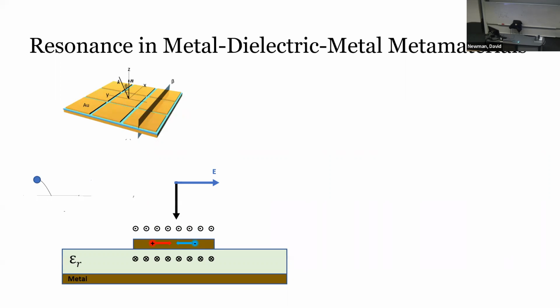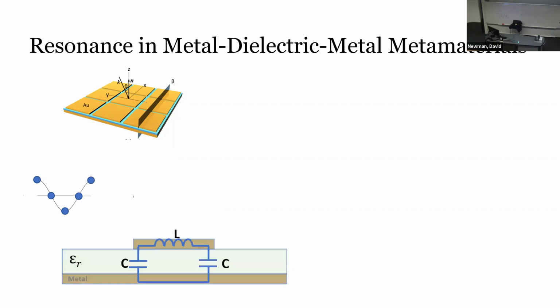So essentially, we have an inductor around this metallic square. Then when the electrons are at the end of their path, they behave like a capacitor. We'll have an image charge through this dielectric, so we have some strong electric field going through the dielectric at this point. Then the electrons move in the opposite direction because of this electric field, and it turns into an inductor. So this whole system can be modeled as an LC circuit.